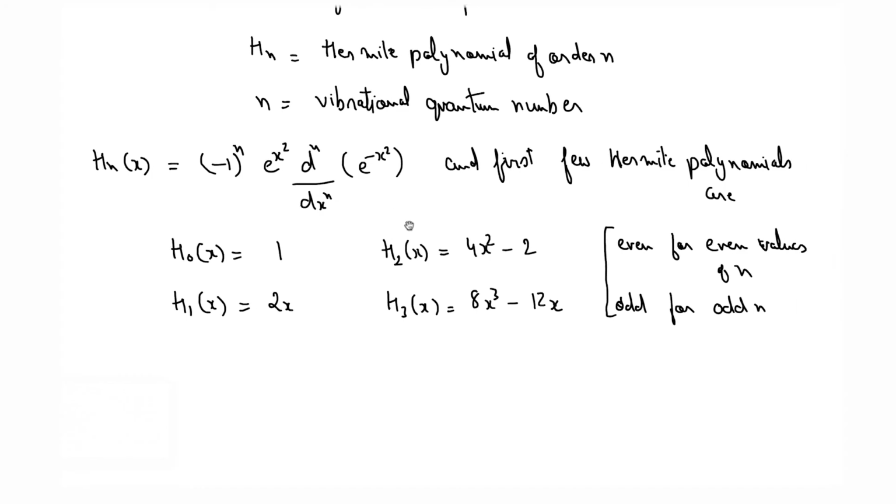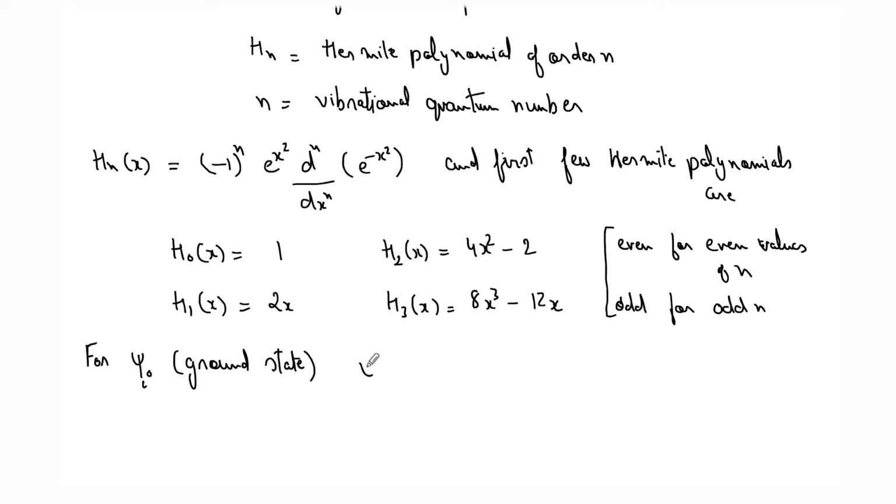Now let's try to calculate the symmetry of the ground state. Let's say we are interested in the ground state and the first excited state. Of course you can calculate for the second excited state, third excited state, all those calculations can be done. Let's try to calculate for psi i0, right? Ground state.